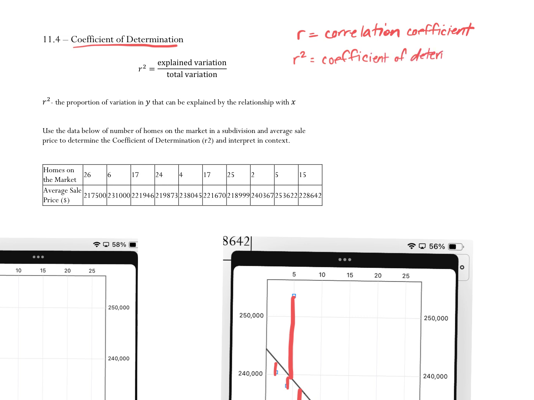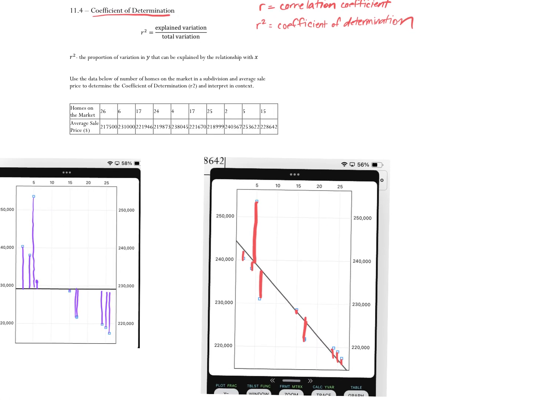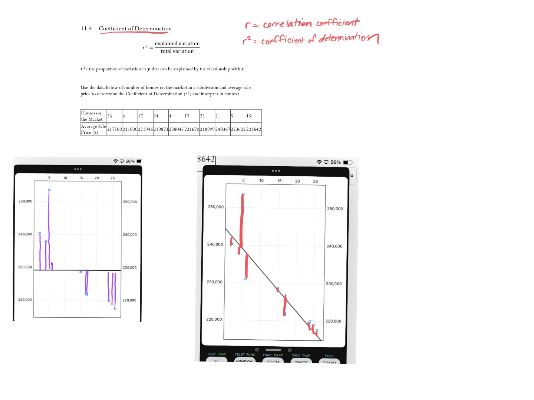There is a very specific interpretation for R squared. As I'm looking at this one, we can get from the calculator, from running that regression equation, that R squared equals 0.749. Is everybody good?